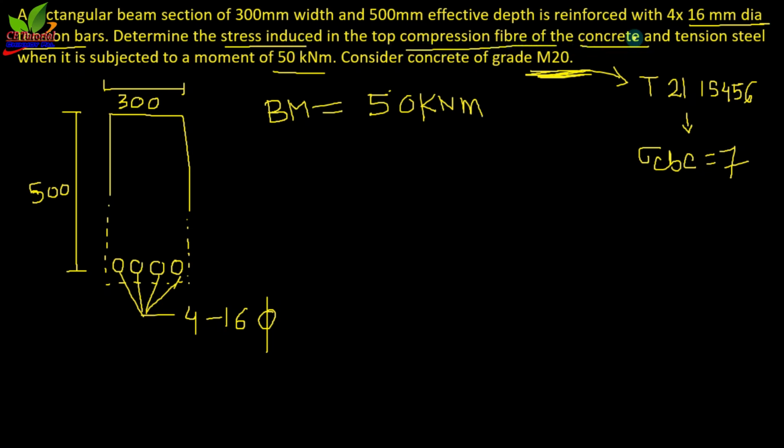Please keep in mind, we have to determine the stress in the compression fiber, that means concrete, and steel. That means we don't know the actual value of sigma c and sigma s. We have the limitation of concrete, this is 7, sigma cbc.